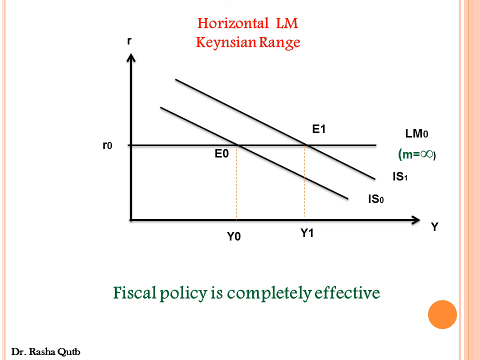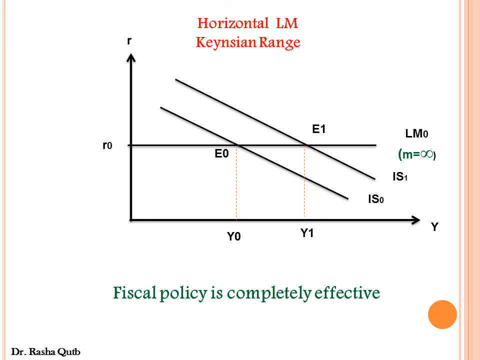In this case, when the government decides to apply an expansionary fiscal policy by increasing government expenditure, the IS curve would shift rightward and the equilibrium national income would increase by the full multiplier effect, keeping the interest rate constant or unchanged.